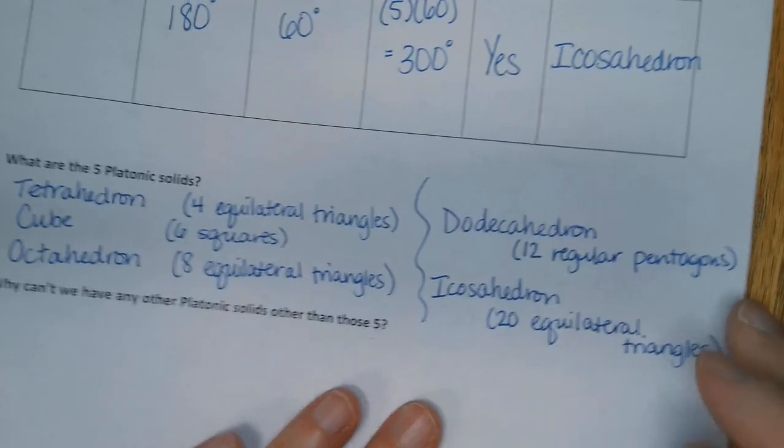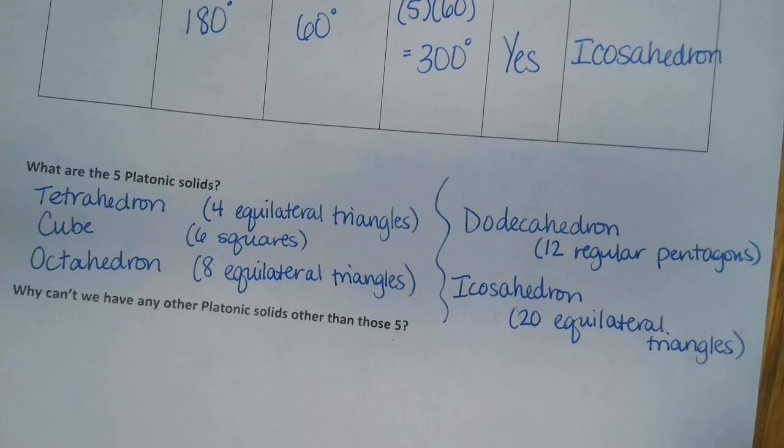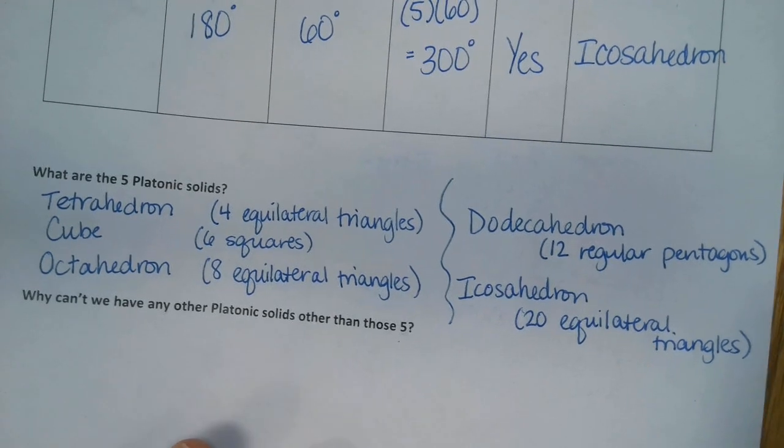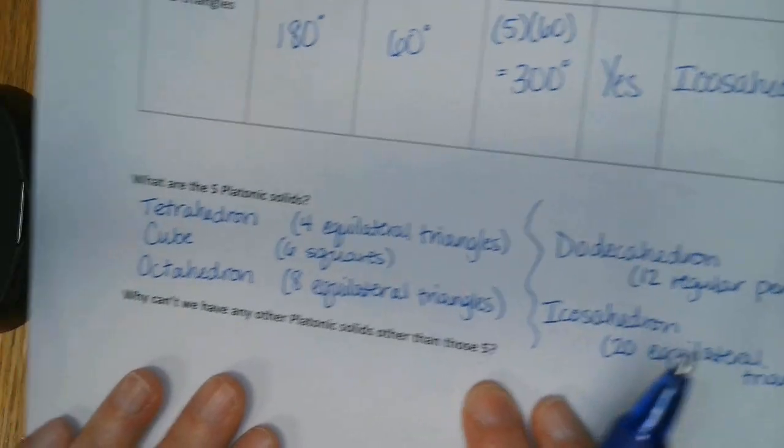Now, there are other shapes. If you think of like a soccer ball, right? A soccer ball is alternating hexagons and pentagons, and so that's why that works the way it does. But we just cannot make any other shapes that are made only of a single shape on each face that are regular. Okay. Why can't we have any other Platonic solids?